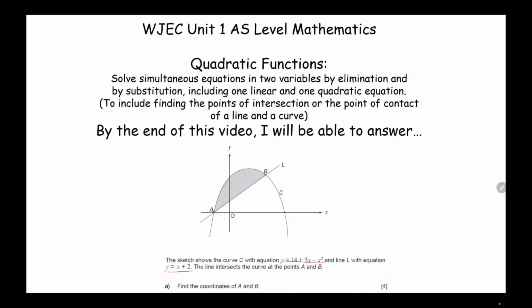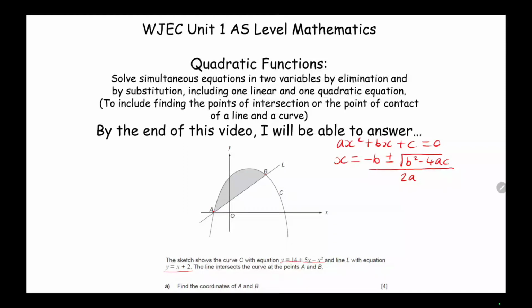On top of that, it's going to be useful to know your quadratic formula to solve equations. So if we just jot this down, if you have a quadratic of the form ax squared plus bx plus c, and we want to find where that's equal to 0, our quadratic formula gives us the following rule: x equals minus b plus or minus the square root of b squared minus 4ac, all over 2a.